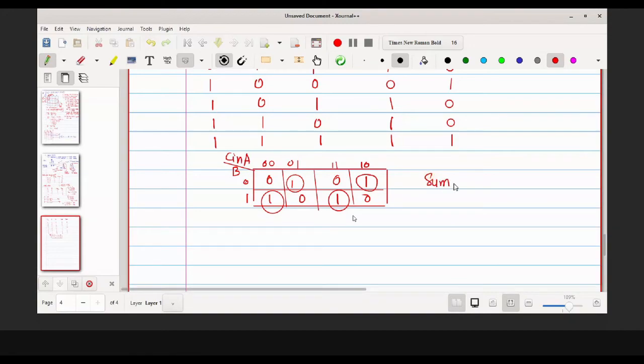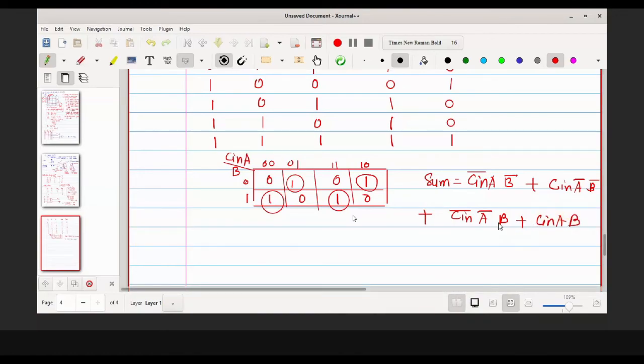So my sum is coming out to be C in A bar B bar plus C in A bar B bar plus C in bar A bar B plus C in A B. If you rearrange and solve it, if you can form the groups and arrange them in a proper order, so C in is common, so I'll just solve it for you.